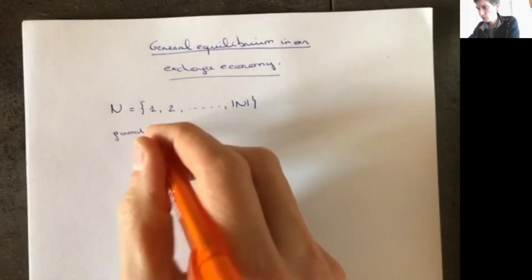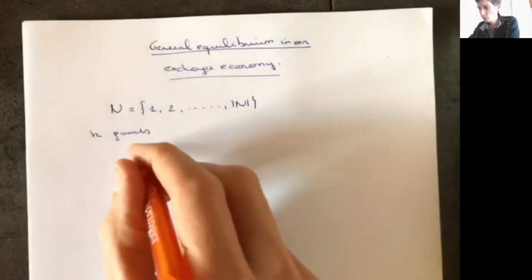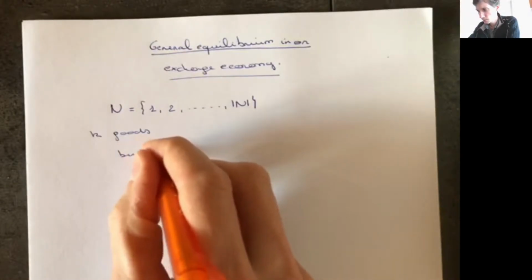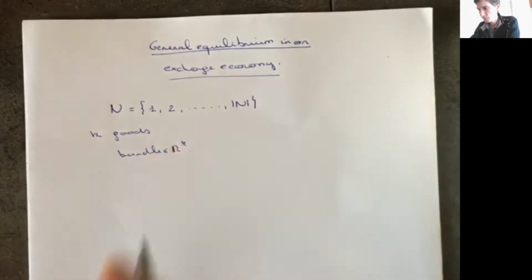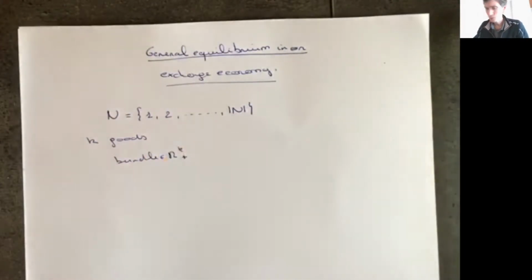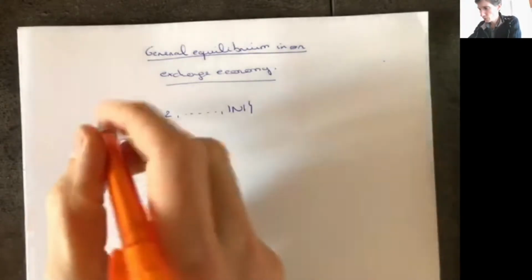I'm going to assume that there are k goods in total. A bundle, like we have seen before, is just an element in R^k. And we can make it R^k_+ if you assume that people do not have or consume or buy negative amounts.